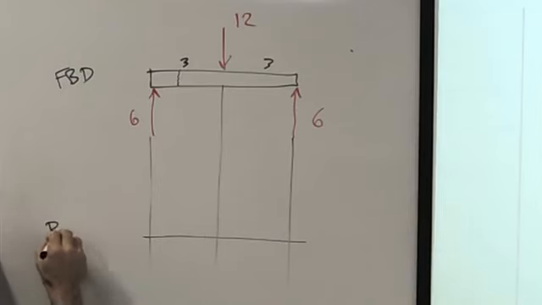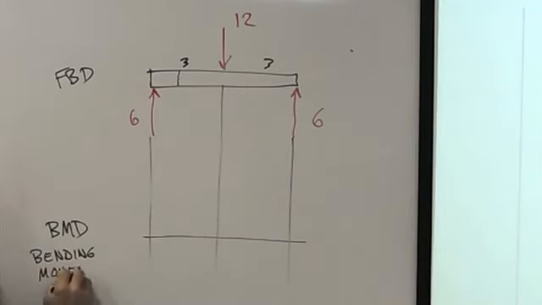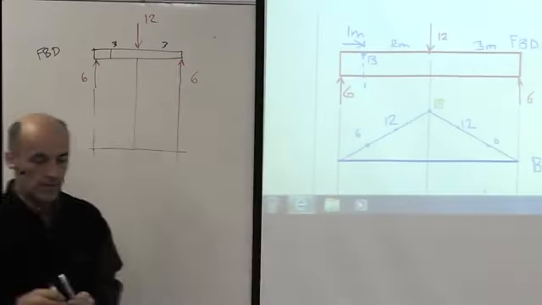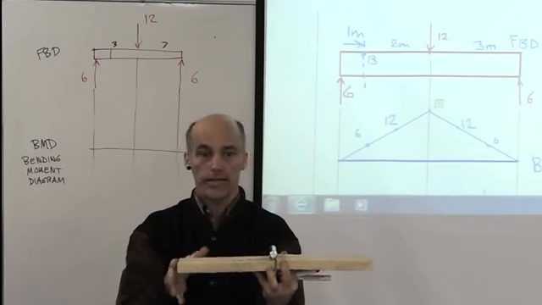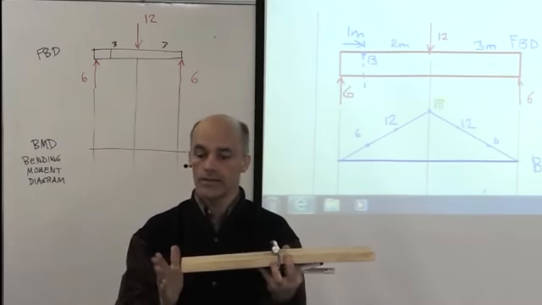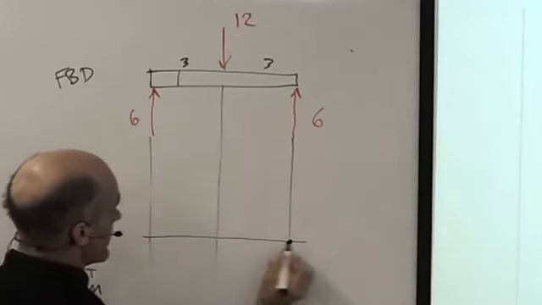This is my bending moment diagram. At the end of the beam, there's no bending at all because it's connected to the air. You can't have bending when it's a blank end. So you always know when you have a free end, then that the bending moment must be 0. So I can put a 0 here and a 0 here.